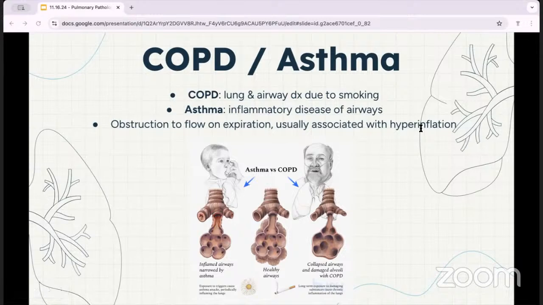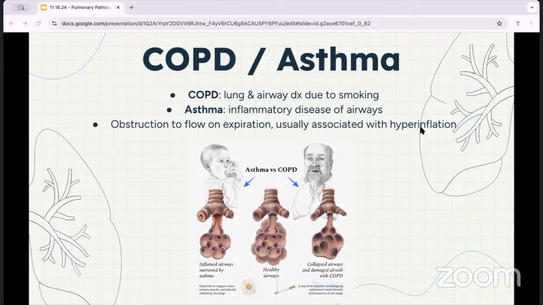Again, it's in the name: obstructive. COPD is a condition where the lungs and airways are damaged, often due to long-term smoking. It's progressive, which means it gets worse over time, and it causes obstruction to airflow, making it hard to exhale properly.